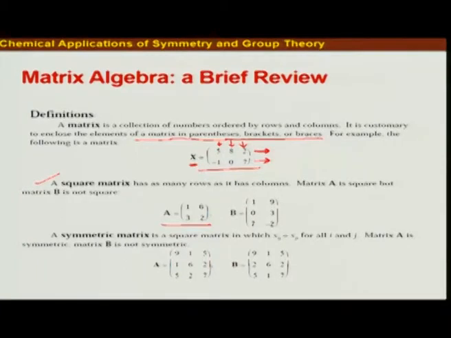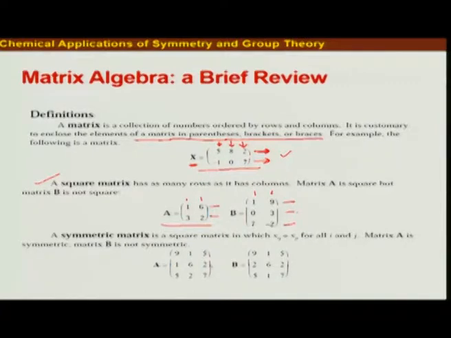A is a square matrix because it has two columns and two rows, so the number of columns and rows are equal. While if I look at the matrix B here, it has two columns but three rows, similar to the example shown on the top.